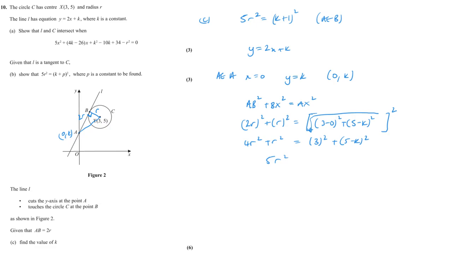So 5r squared equals 9 plus 25 minus 10k plus k squared. So 5r squared equals k squared minus 10k plus 34. But 5r squared equals this, k plus 1 squared. So this equals k plus 1 squared.